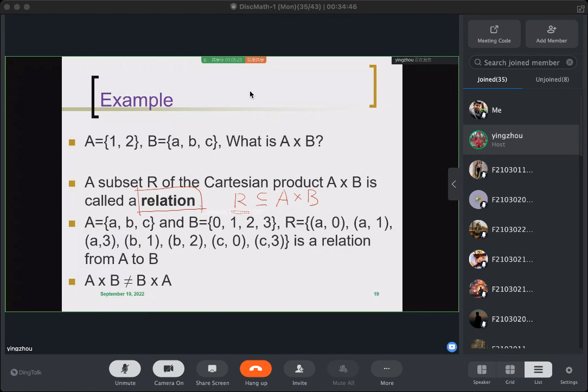So you will find that every subset of the Cartesian product is a relation.